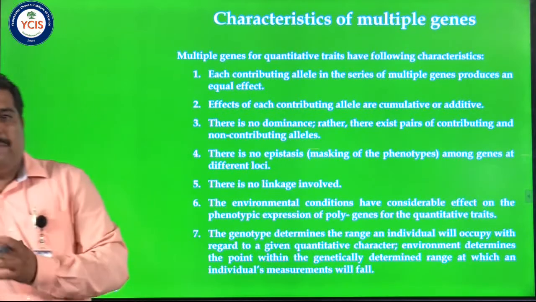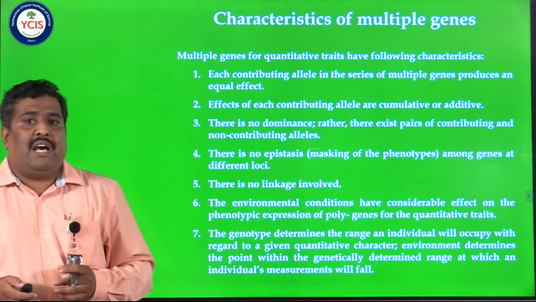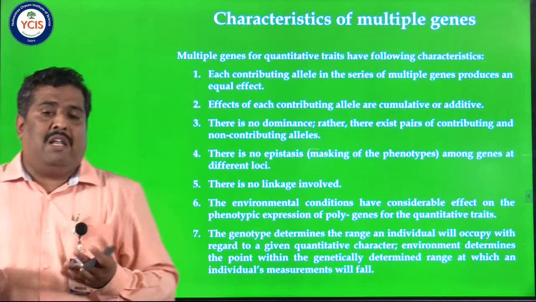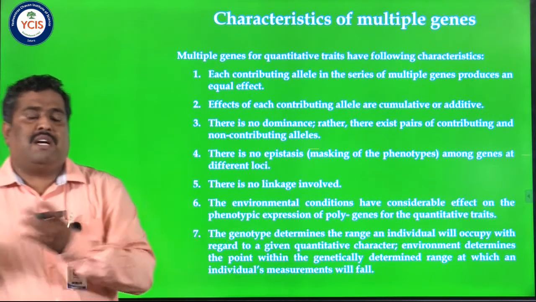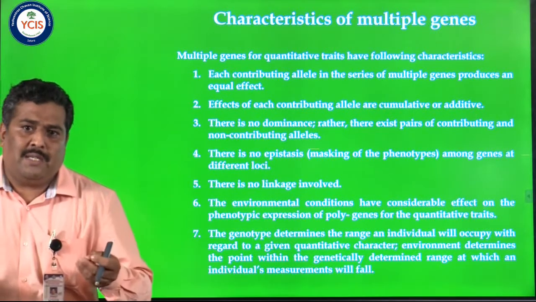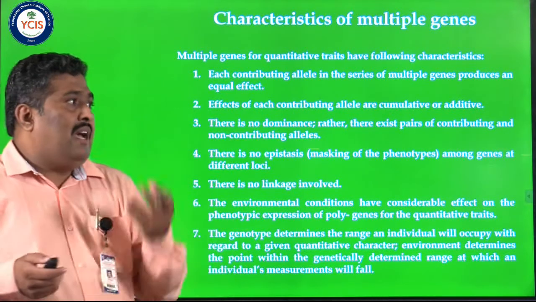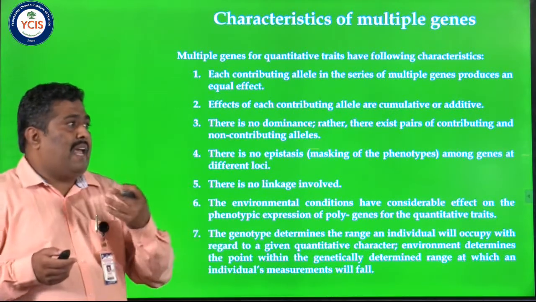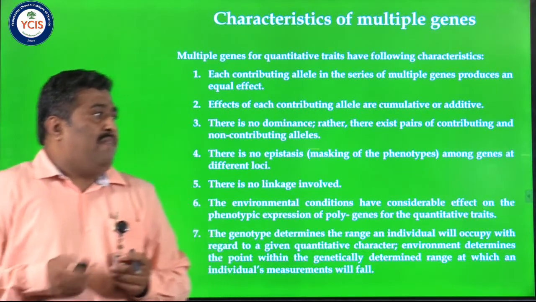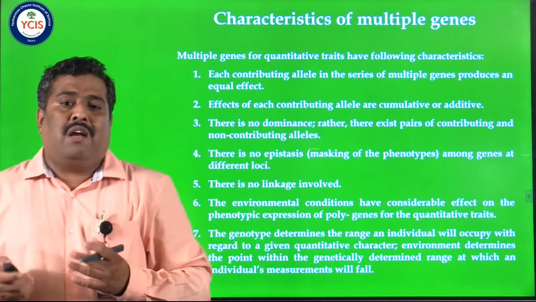So the multiple genes have some characteristics. Each contributing allele in the series of multiple genes produces an equal effect. A number of genes contribute a slight effect to a phenotypic trait or that quantitative trait, so each contributing allele has an equal effect for that particular inheritance. The effect of each contributing allele is cumulative.